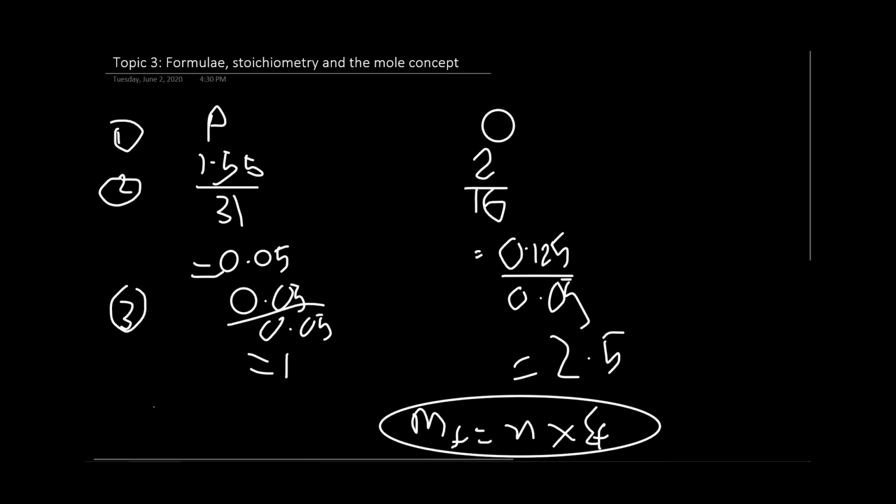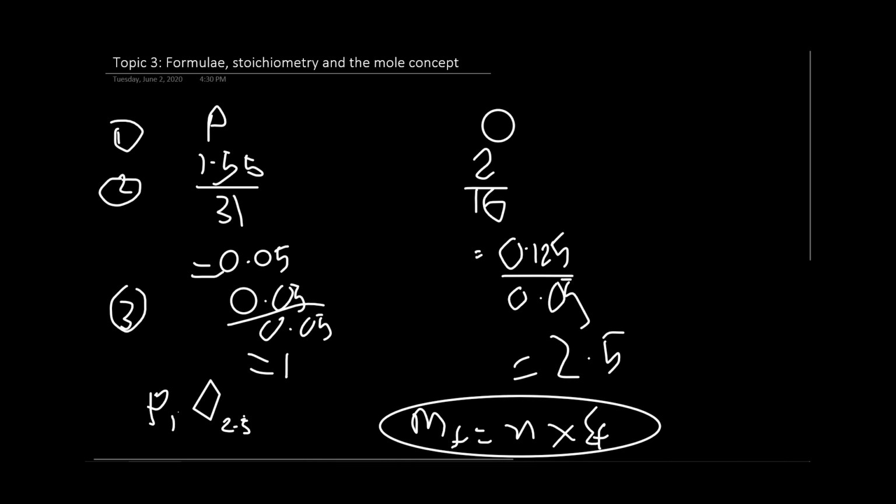So the empirical formula of this oxide of phosphorus will be P1O2.5. Simple as that.